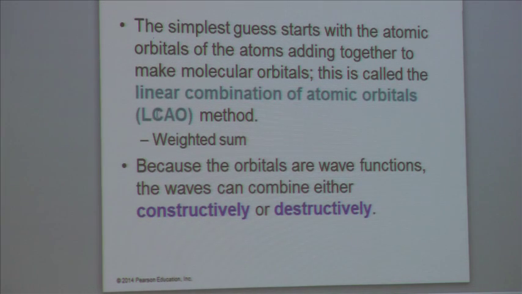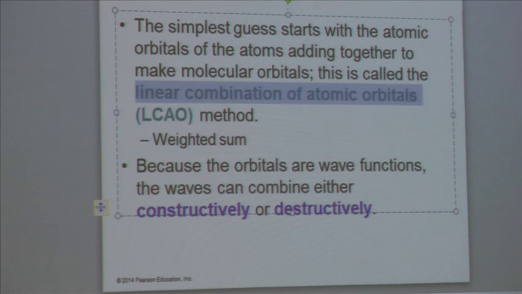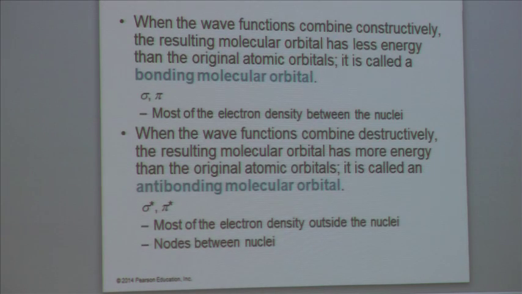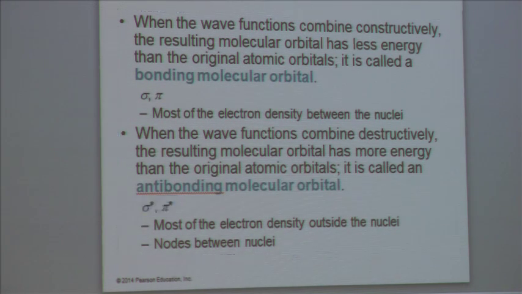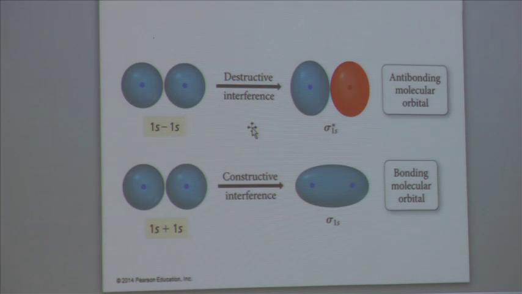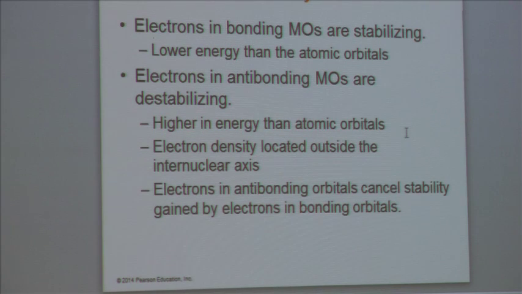We construct a linear combination of atomic orbitals, LCAO, to denote a bonding molecular orbital or an antibonding molecular orbital, which will have destructive interference for antibonding and constructive interference for the bonding orbitals. Electrons in bonding MOs are stabilizing, while those in antibonding are not stabilizing.